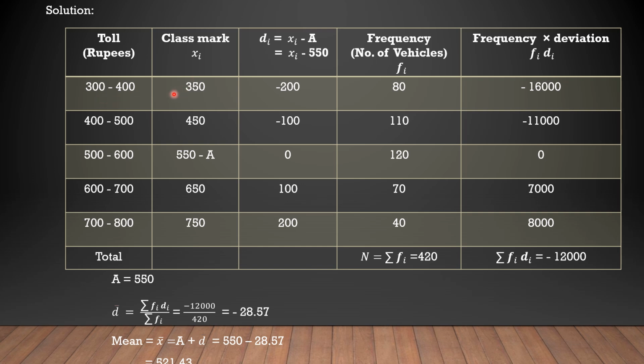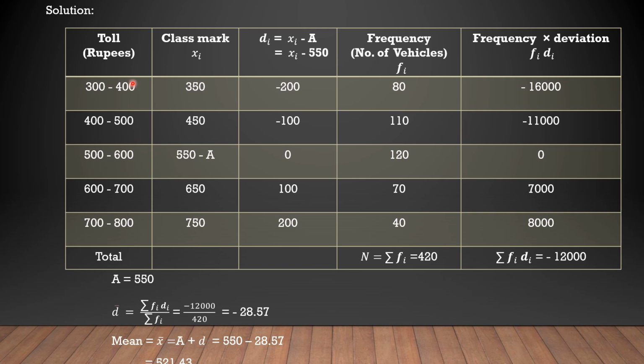So the value of xi here is 350. Then average of 400 and 500 is 450. Then average of 500 and 600 is 550. Then average of 600 and 700 is 650. Average of 700 and 800 is 750.